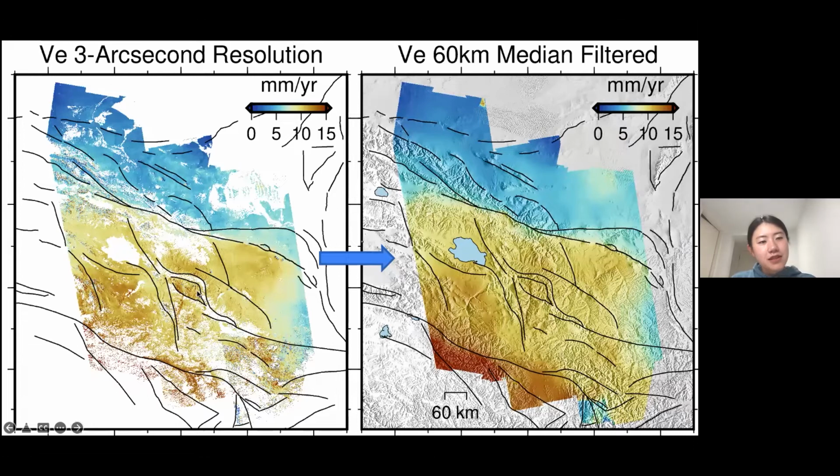So on the left is the unfiltered velocity VE map, and on the right is the VE after median filtered with a circular filter window of 60 kilometer diameter.